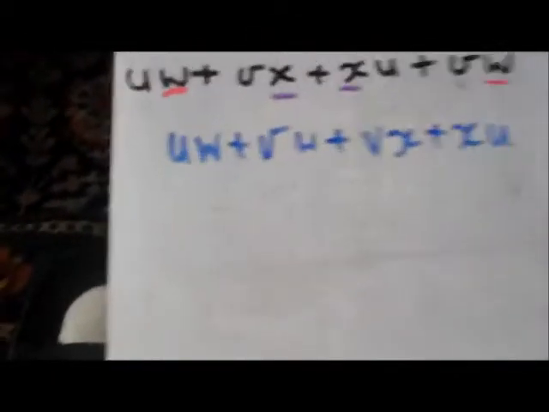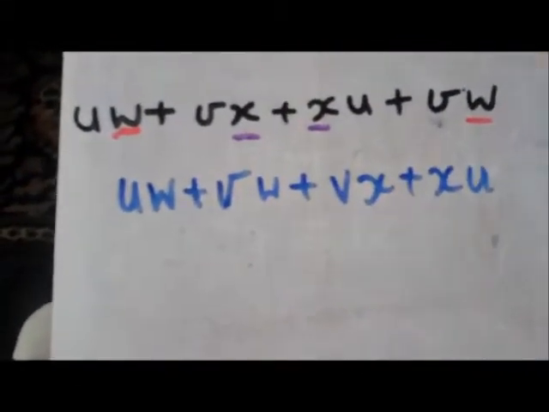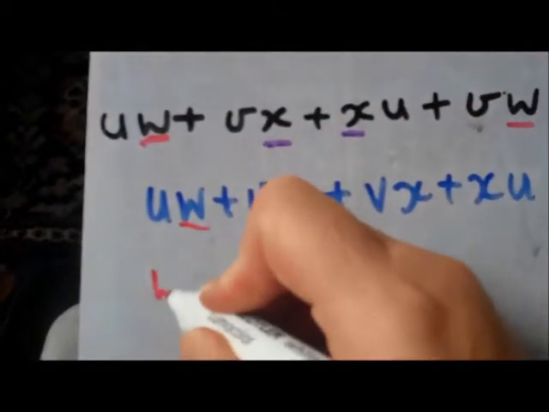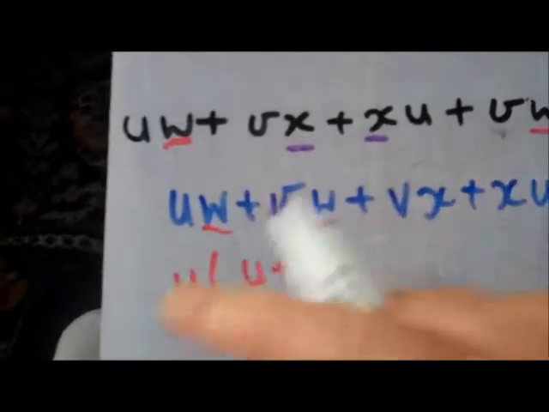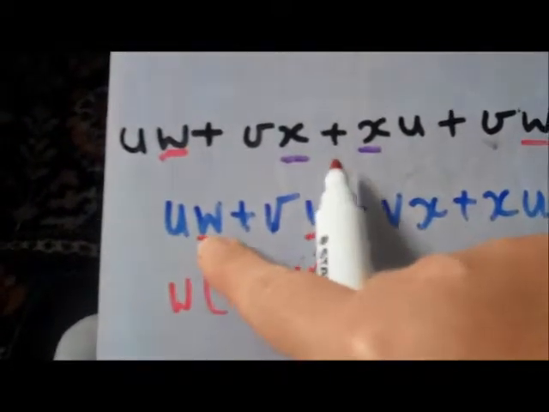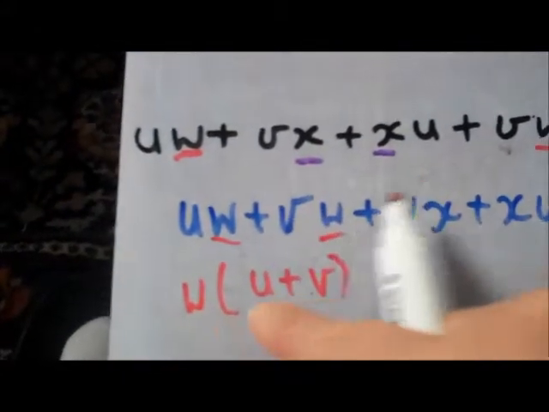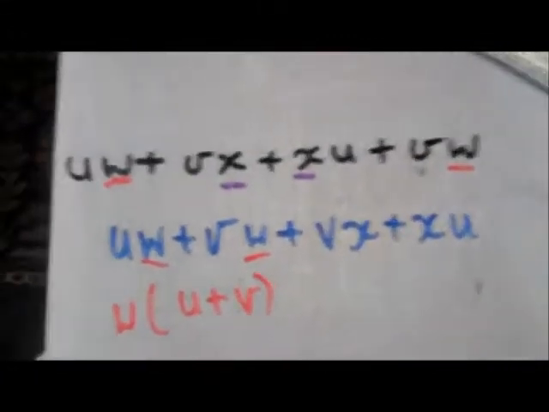Now, can you see the common factor? Now I have to use red because that's the colour I used. There's the w's. So let me take out that as a common factor. U plus v, vu or uw, sorry, wu, uw, same thing. Wv, vw, same thing. What's left over?